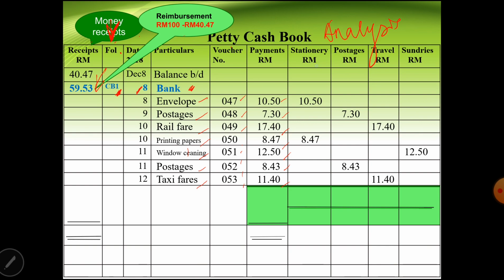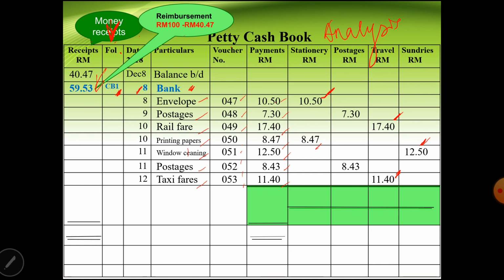Okay, so for example, you buy envelope is under stationery, so you put under stationery column. Okay, you pay rail fare, so that is a traveling expense. Taxi fare also traveling expenses, and postage. Window cleaning maybe is under sundry because you cannot classify, so it's something like miscellaneous lah.